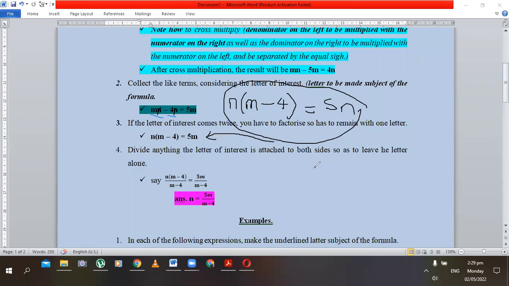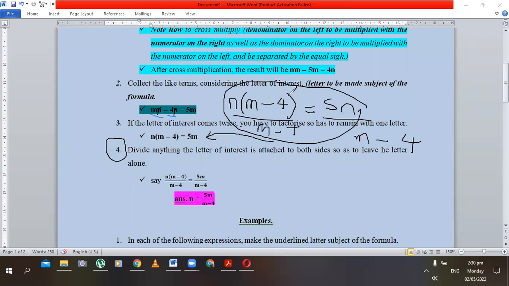Once we have factorized, then our problem has almost ended. What we need to do now is to divide by anything that the letter of interest is attached to. That is point number 4. We divide by anything the letter of interest is attached to on both sides. So here, I'm going to divide by m minus 4, and even here m minus 4.